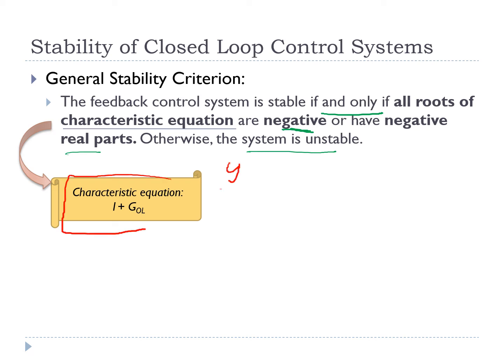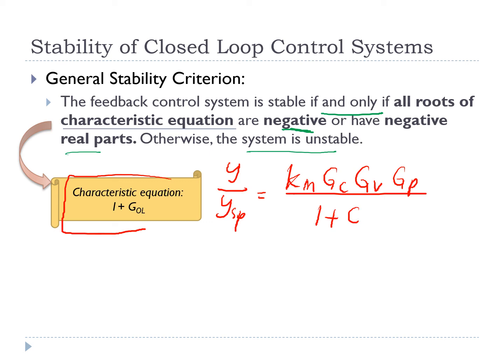So if you have a closed loop transfer function for a servo problem, the stability is determined by the roots of the characteristic equation from the denominator part.